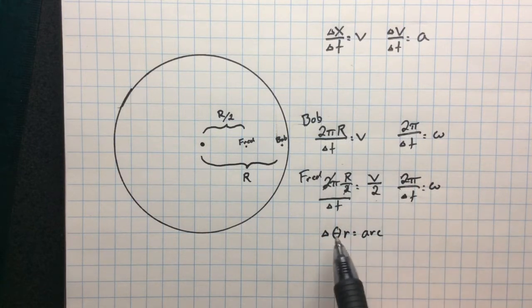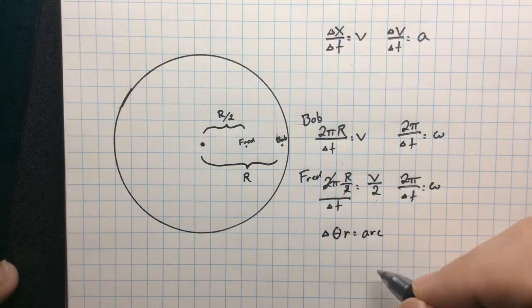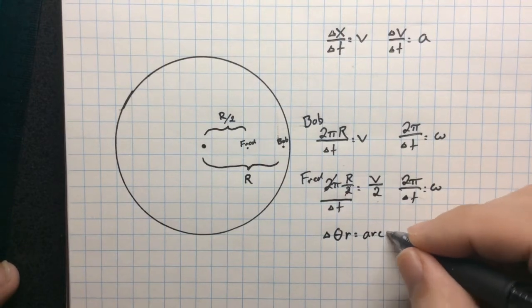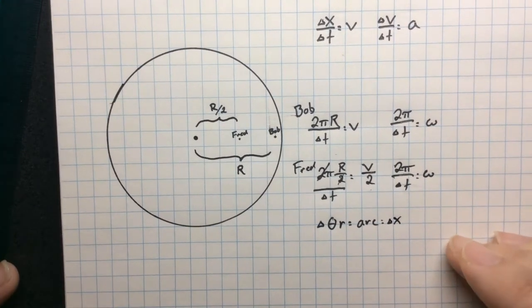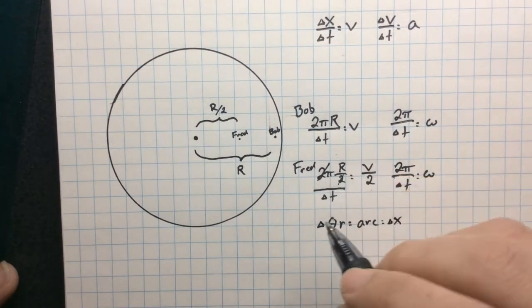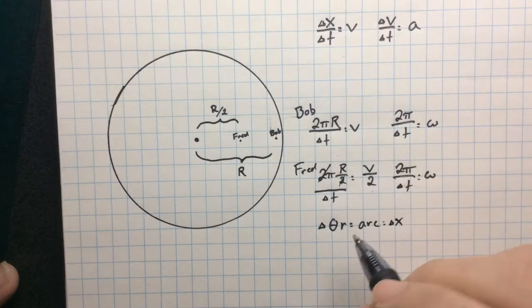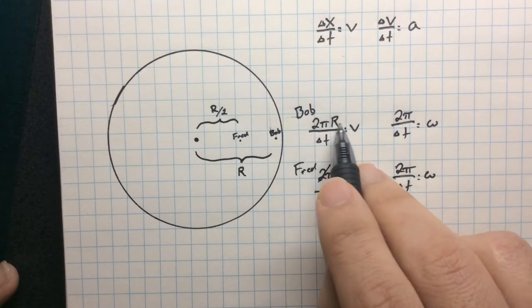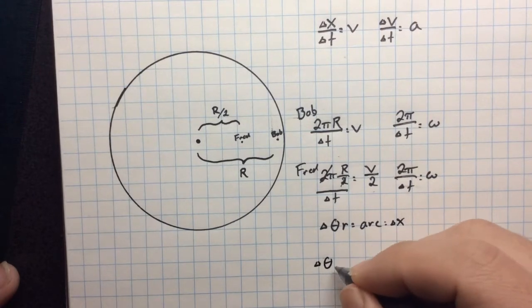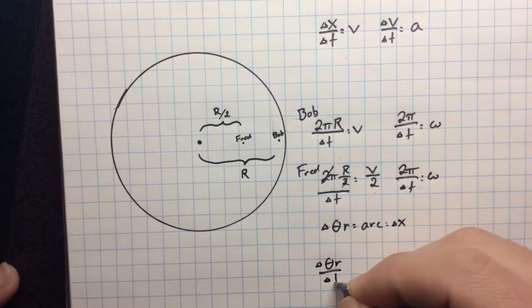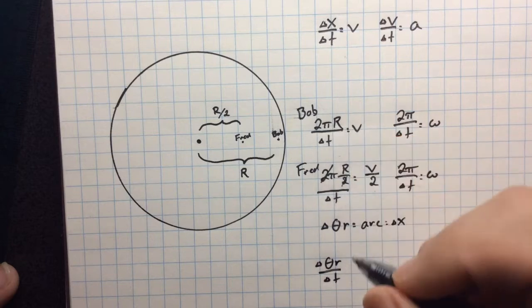So the relationship here, again, is that theta times r is the arc length, or usually we call that delta x, an actual position change in meters. And if I went back to velocity, this theta times r divided by t, that is going to be the velocity.